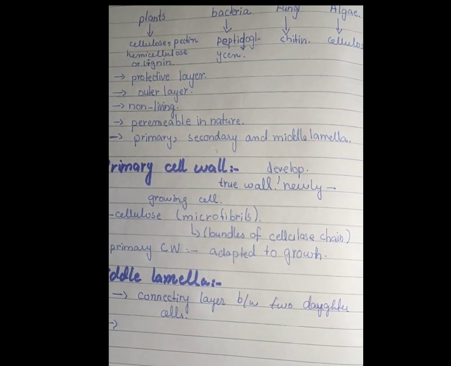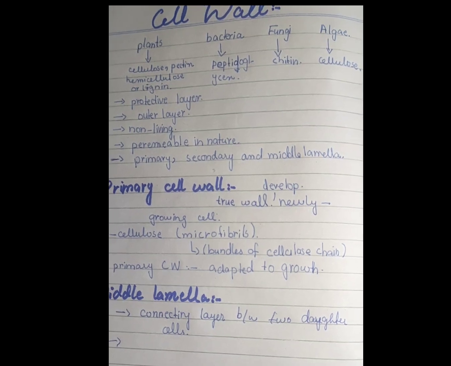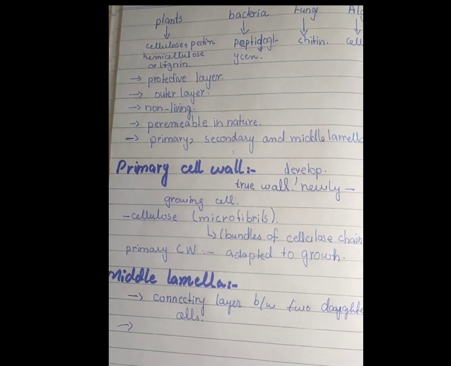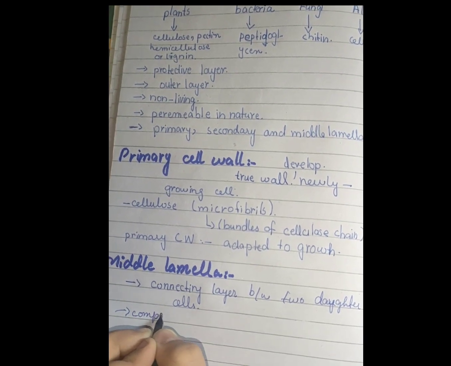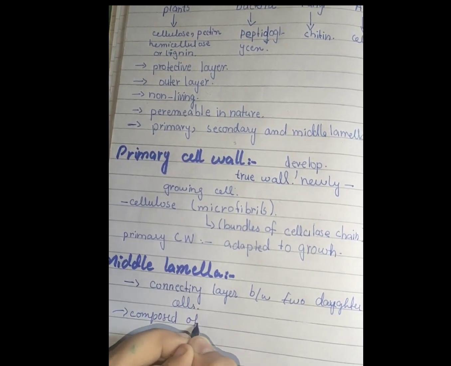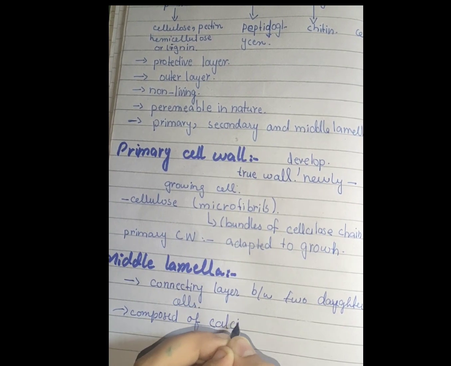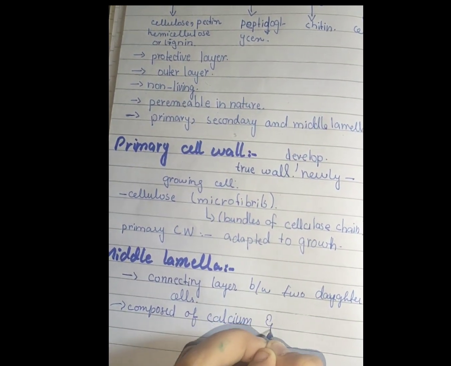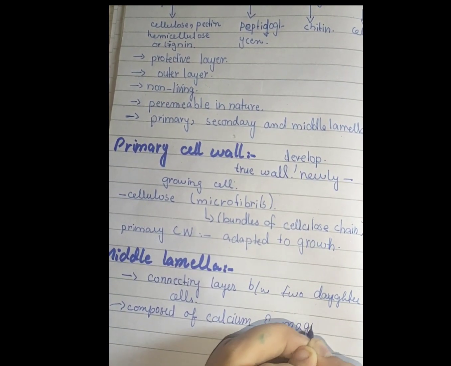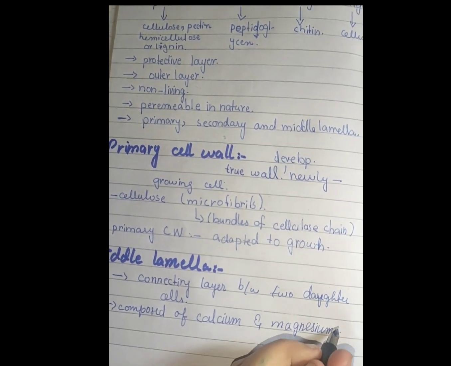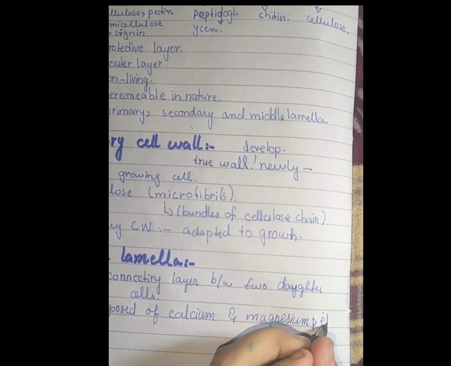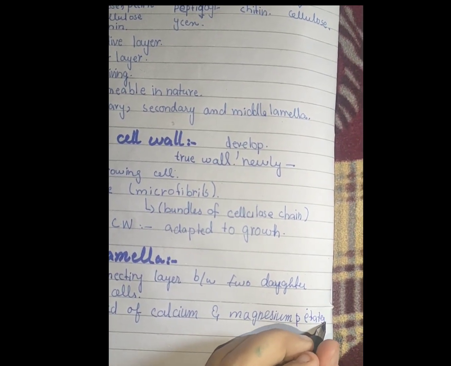Now you'll be thinking, the primary cell wall is composed of cellulose, so what is the middle lamella composed of? Let me tell you, it is composed of calcium and magnesium pectates.